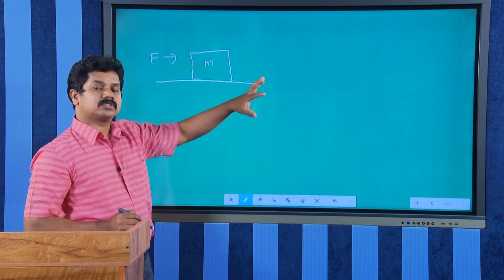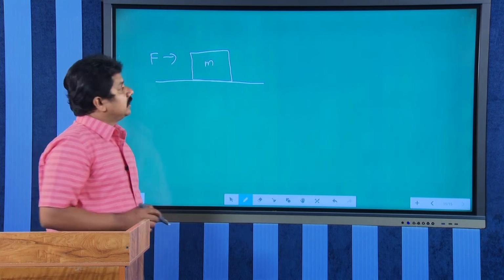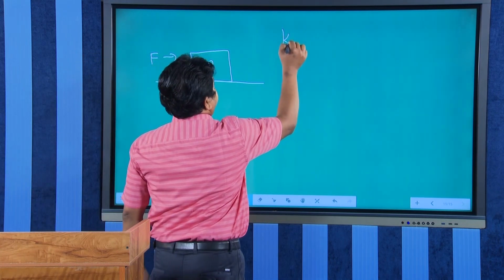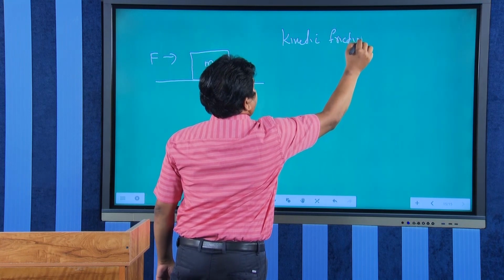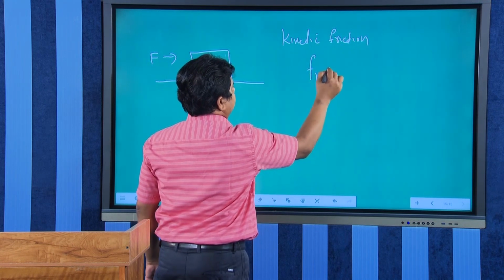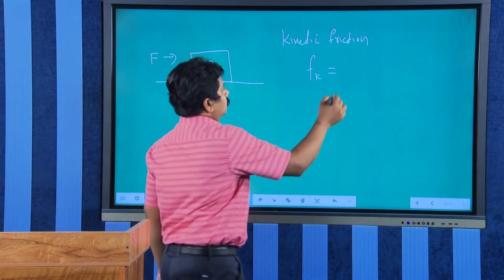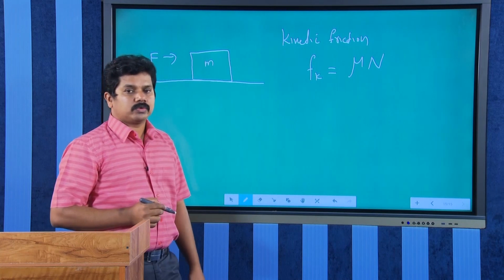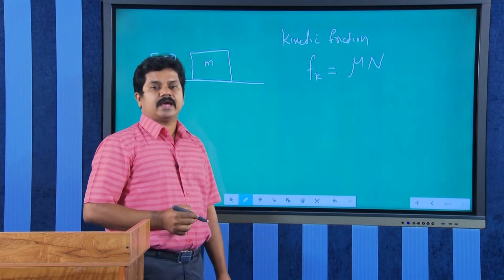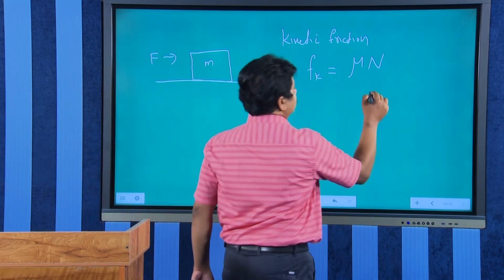Now, the friction force is called kinetic friction. The value of kinetic friction, F k, we can say, will be equal to mu into normal reaction, where mu is called the coefficient of kinetic friction.